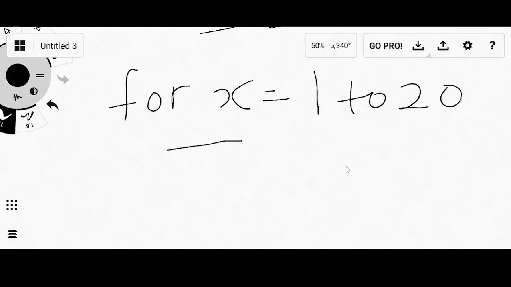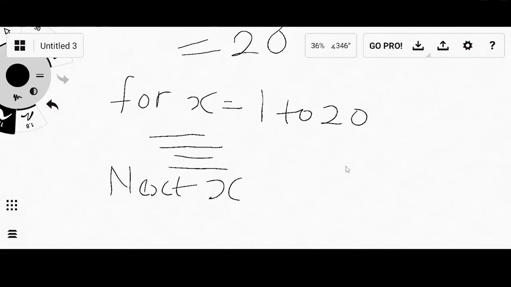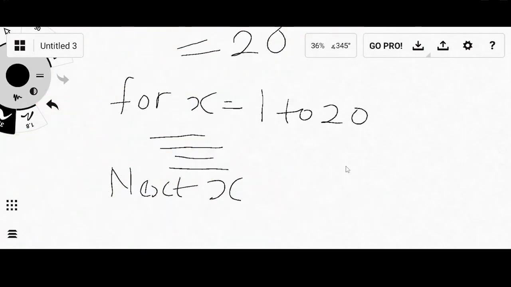Then you write the body of your loop. After writing the body of your loop, you say Next x. This is the normal way to write a loop in Visual Basic.